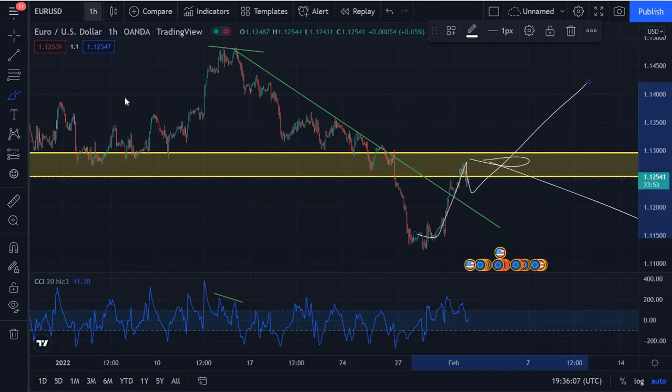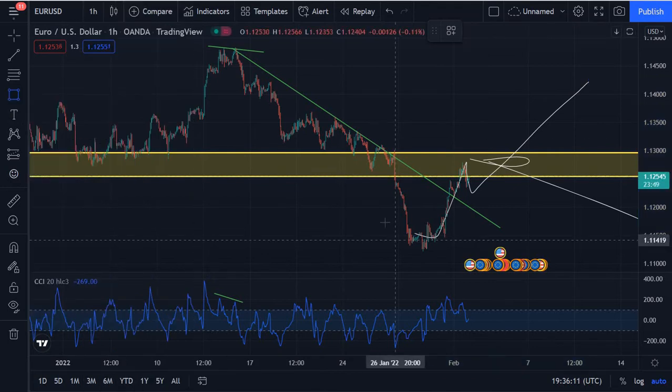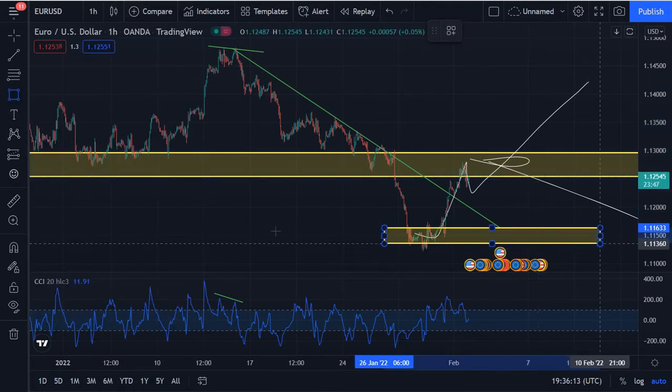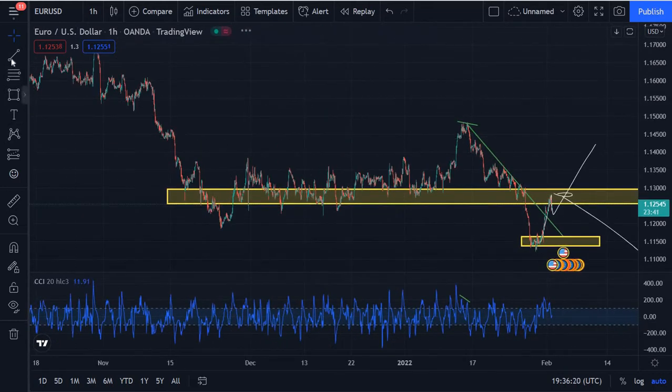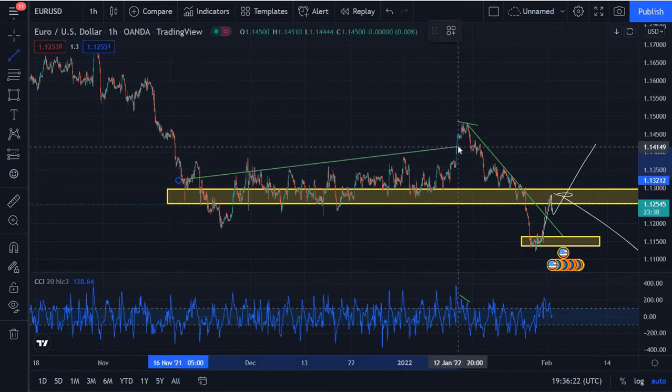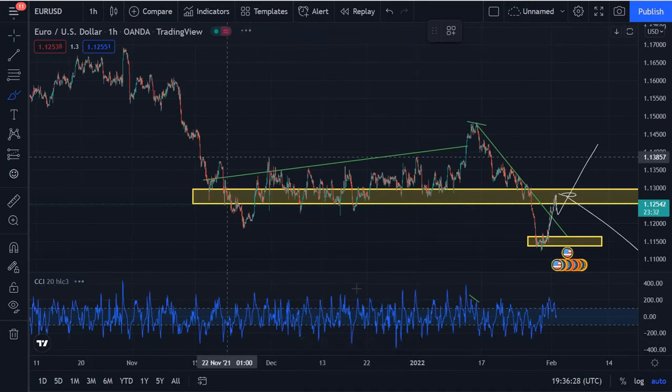But for now, if we go down, let me just quickly draw here this area. What could happen now is, since we saw a breakout of this zone here, we pushed lower here as well previously.